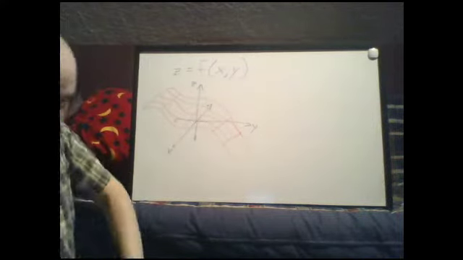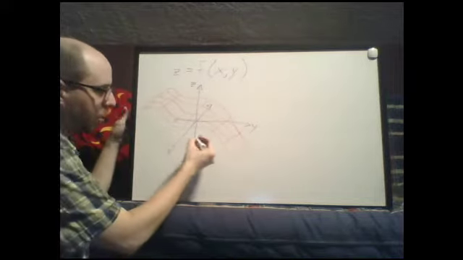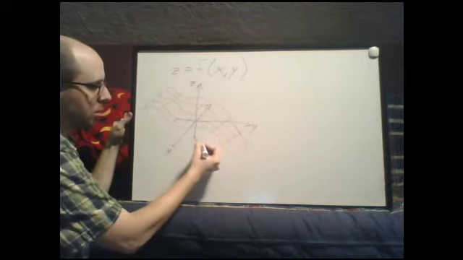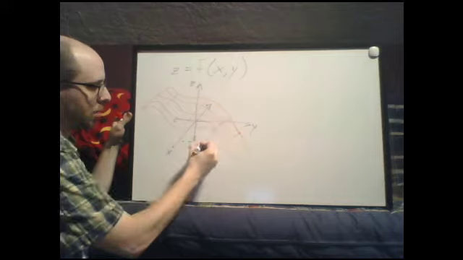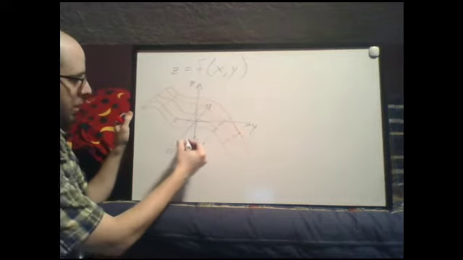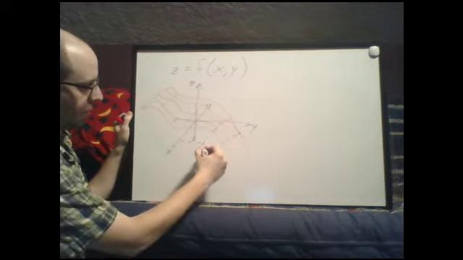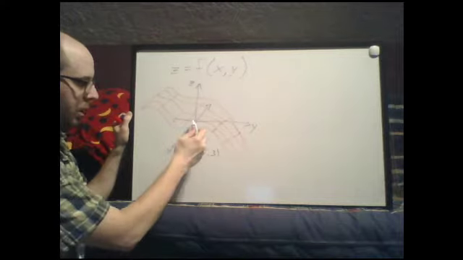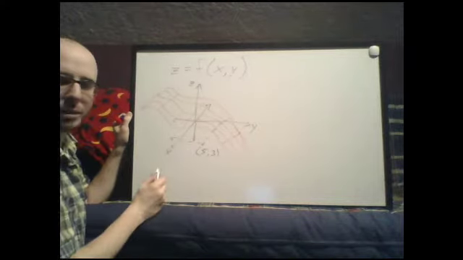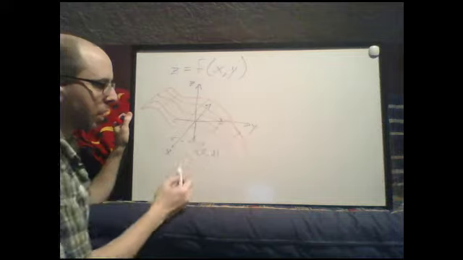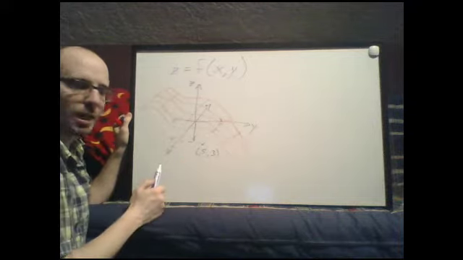But the point is, if I pick an x and a y here, maybe this is 5, 3 or something. I come out to 5 on the x axis and out to 3 on the y axis. Then 5, 3 is in the xy plane.